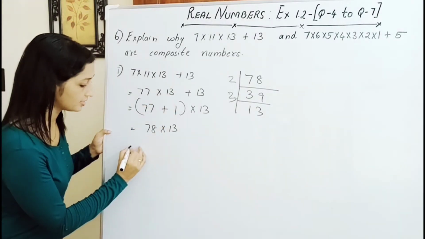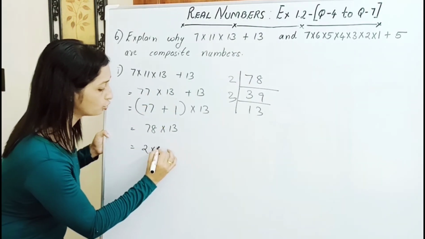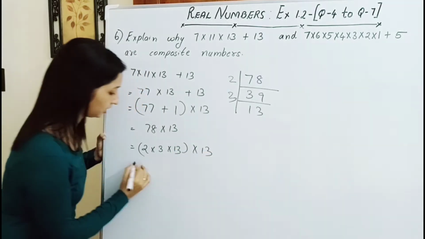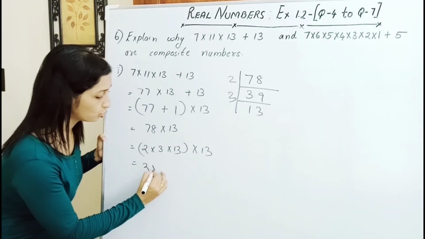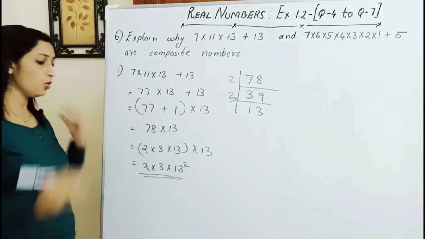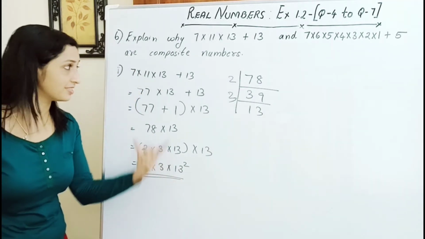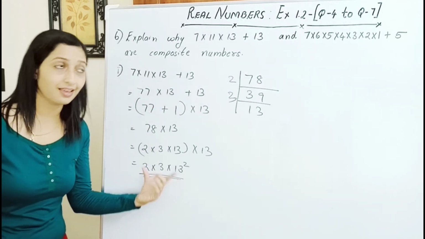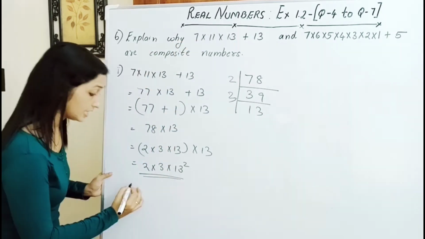So you can write 78 as 2 into 3 into 13, and the number is 2 into 3 into 13 into 13, which is equal to 2 into 3 into 13 square. So now we can finally represent this given number as the product of primes. So we can say this is a composite number.